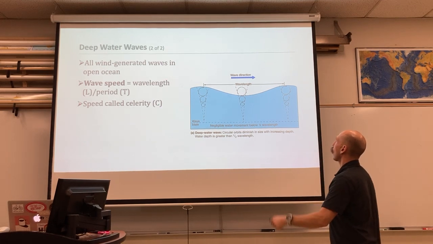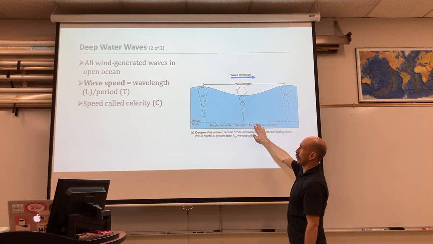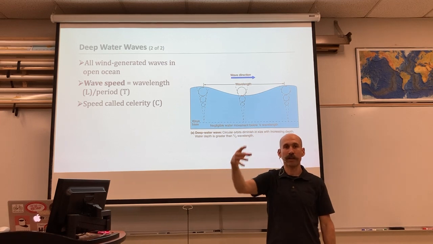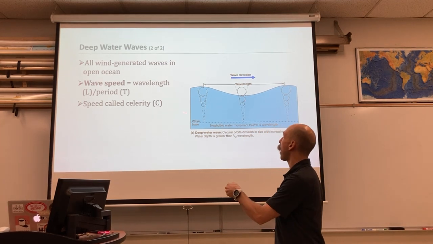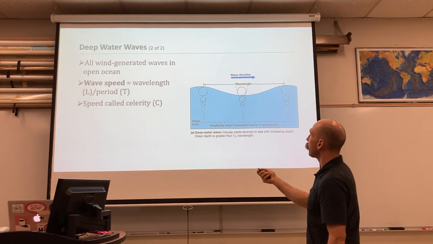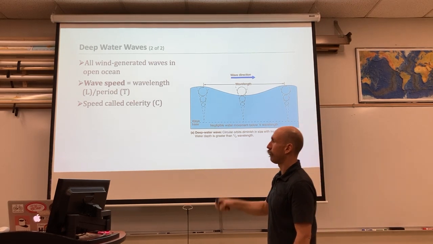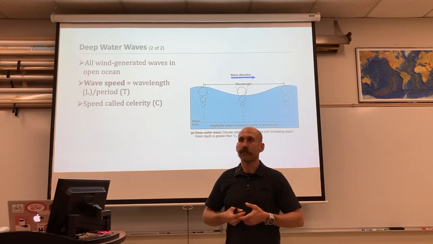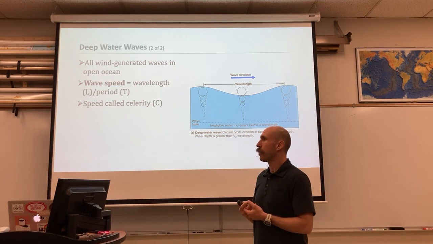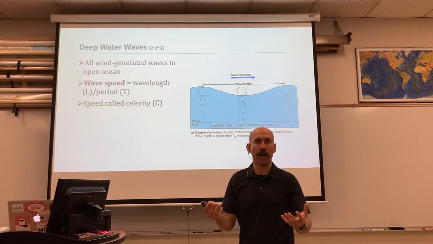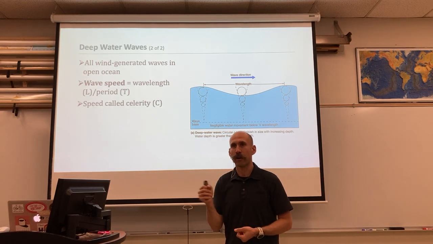Deep water waves are generated by the wind. And we have another concept, the wave speed, also known as celerity. The speed is going to be the wavelength over the period. You could think about speed as miles per hour. That's the common one when we're driving around. What is miles?